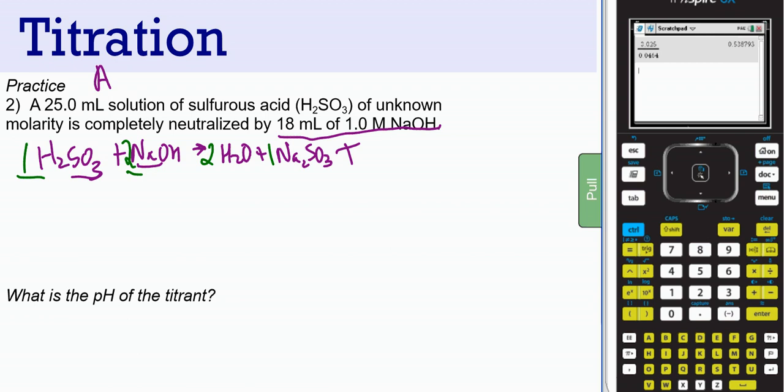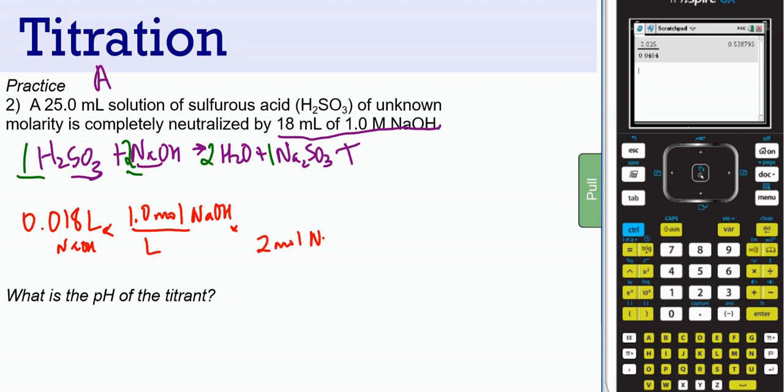That's hugely important. So to start off, volume of the titrant, 0.018 liters. The molarity of the titrant, 1.0. And then our conversion. For every 2 moles sodium hydroxide, 1 mole sulfurous acid.